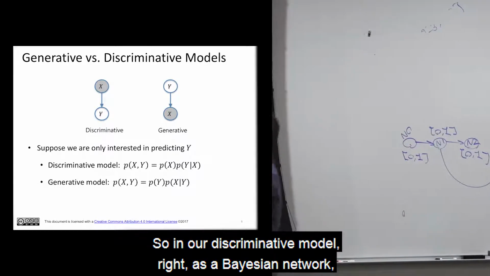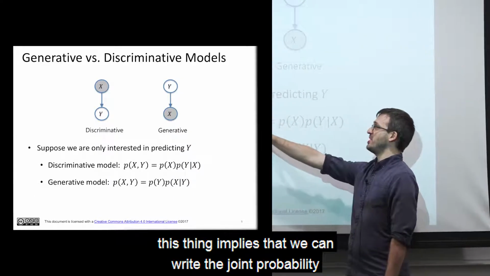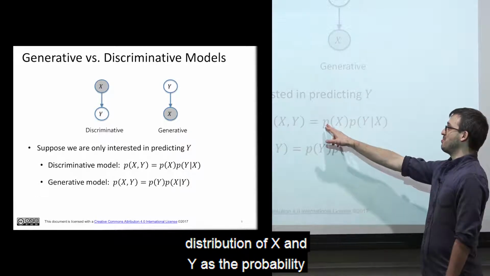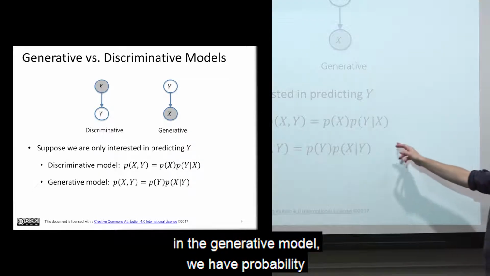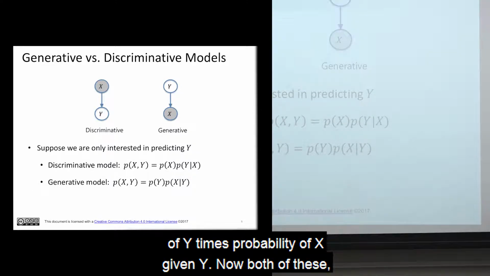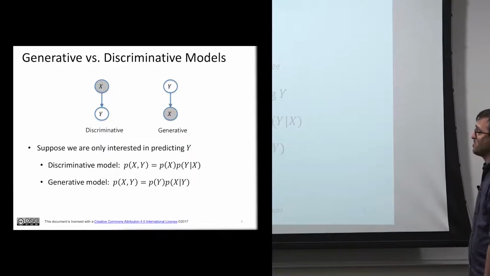In our discriminative models, as a Bayesian network, this implies that we can write the joint probability distribution of x and y as the probability of x times the probability of y given x. Whereas in the generative model, we have the probability of y times the probability of x given y. Both of these, of course, can be used to describe the same joint probability distribution.